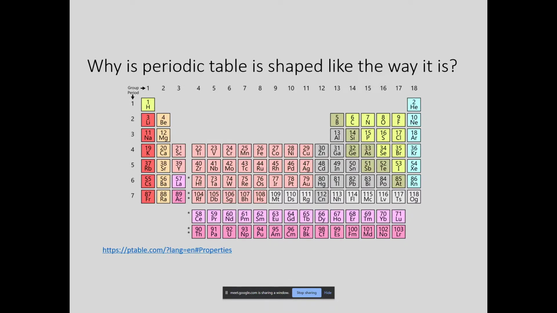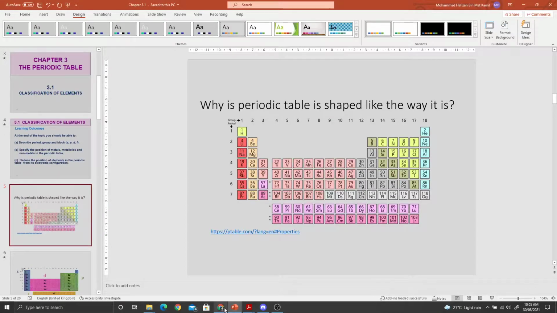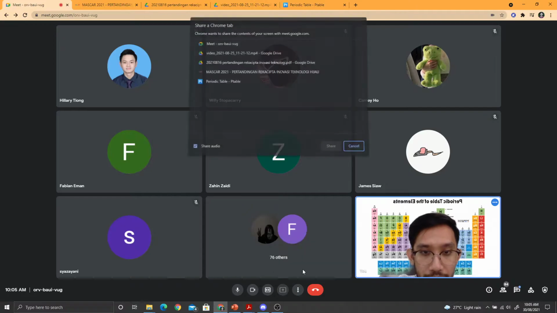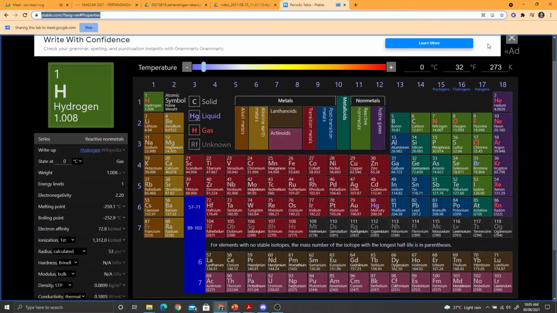So the first question, why is periodic table shaped the way it is? Kenapa dia bentuk macam ni? And kalau you guys buka this link, periodictable.com, okay, I'm going to show you. Okay, nampak what I'm sharing?